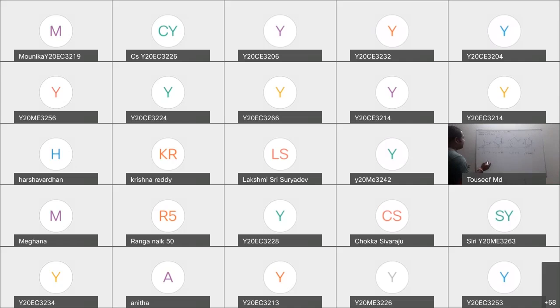Similarly, inclined to VP and parallel to HP. If you just see the simple figures, XY, if you draw a line, and here it is going to be your square, for example.